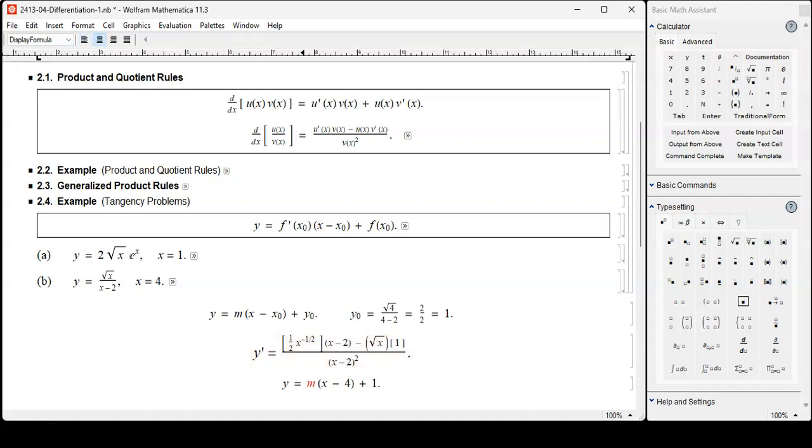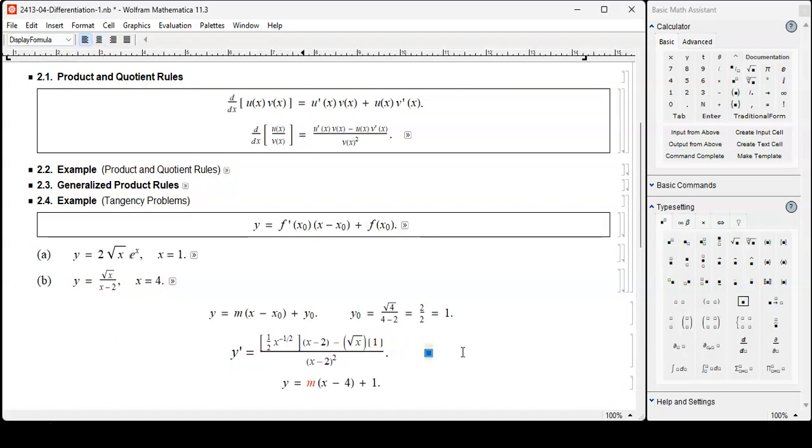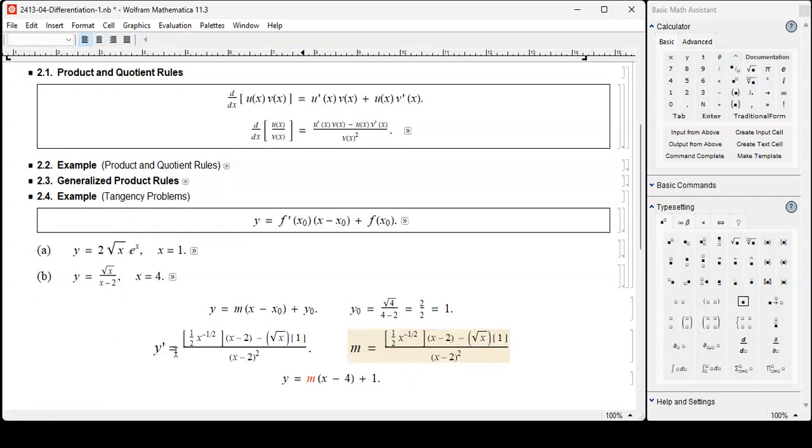So that's the derivative. Therefore, the slope is this thing evaluated at x equals 4 in this case. x naught is 4. So plug in 4 here, plug in 4 here, and 4 to the negative 1/2 power there, and the square root of 4 there, and then do your computation.